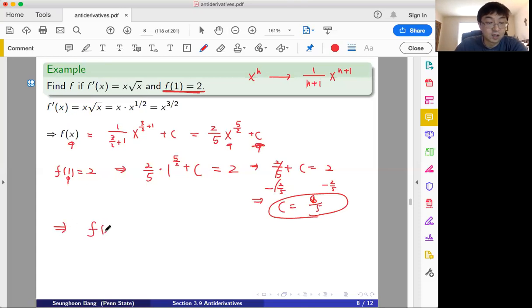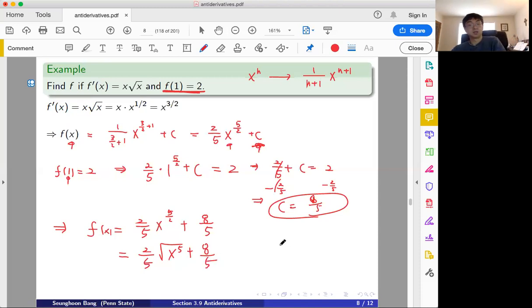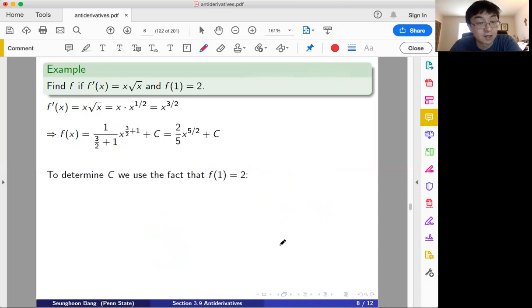The final answer is 2 over 5 x to the 5 over 2 plus 8 over 5. I want to change it to radical form: 2 over 5 square root of x to the 5 plus 8 over 5. This is the whole idea for solving this problem.